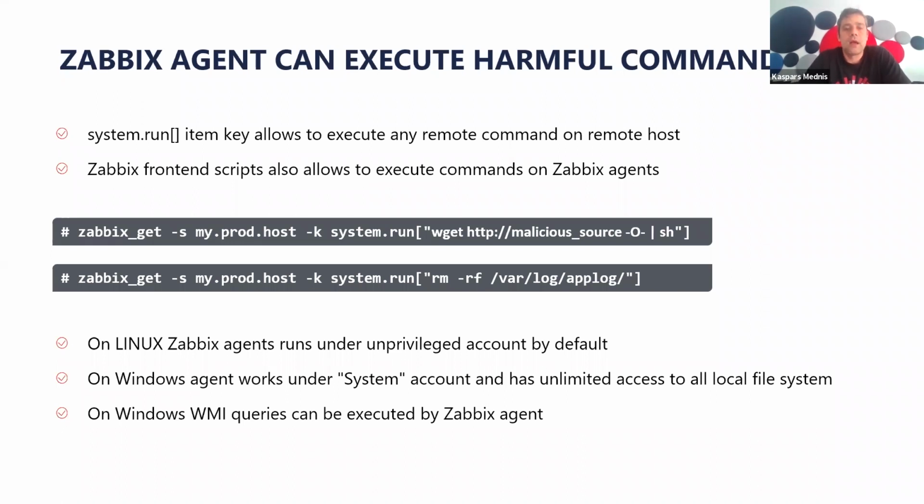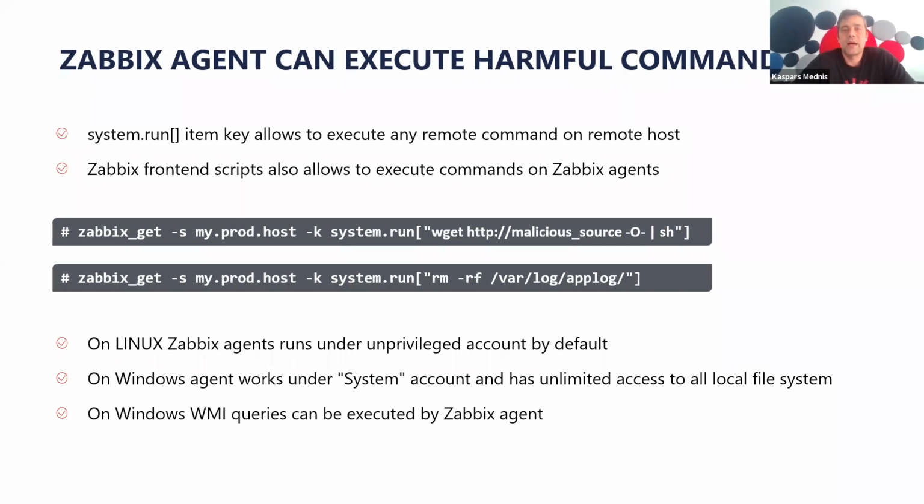Of course, by default, on Linux systems, those commands run under unprivileged user account by default, which means you are a little bit protected. But just think about Windows agent. On Windows agent, Zabbix runs from the system account by default, which means it has unlimited access to local system.